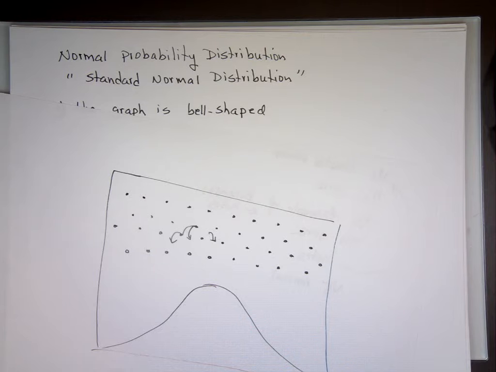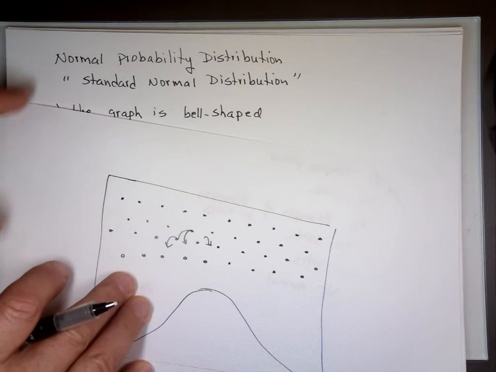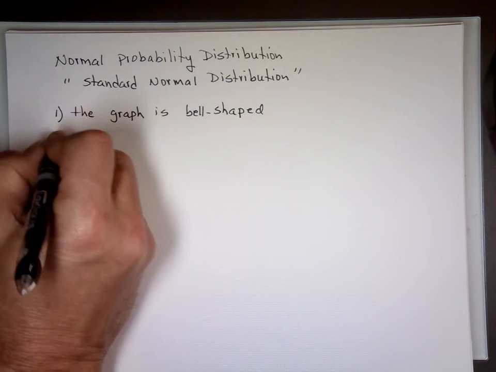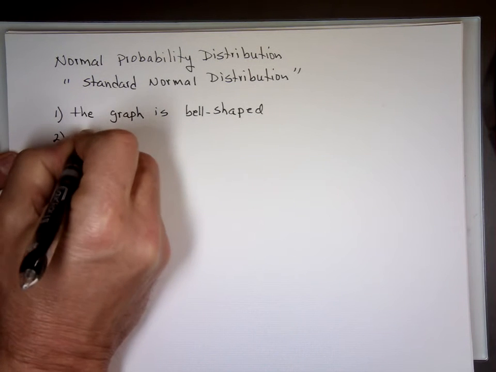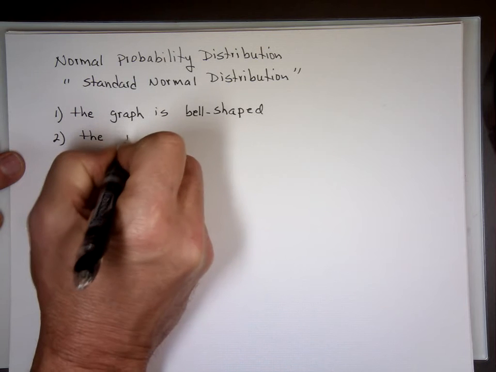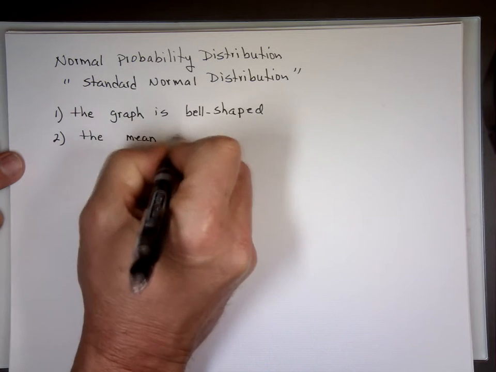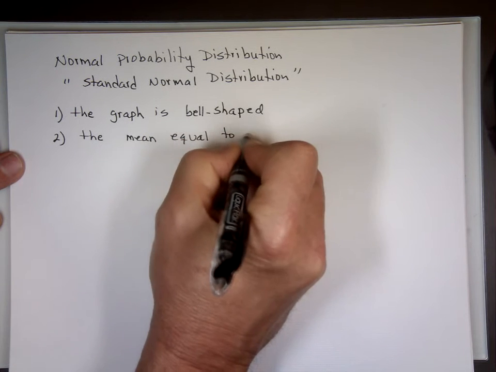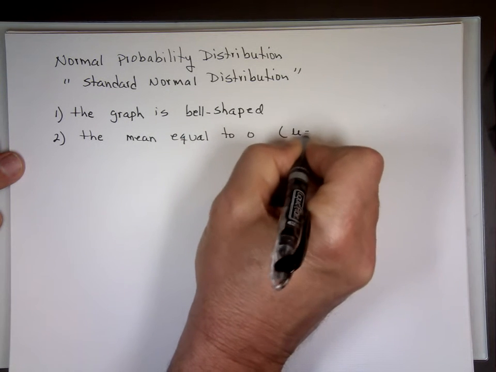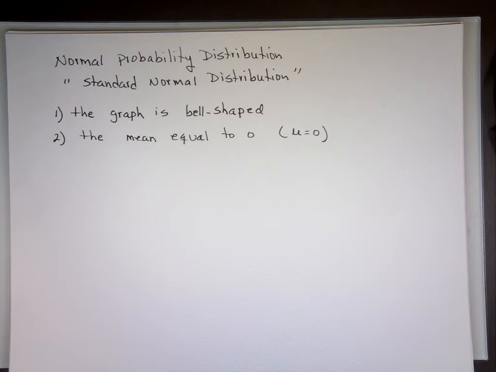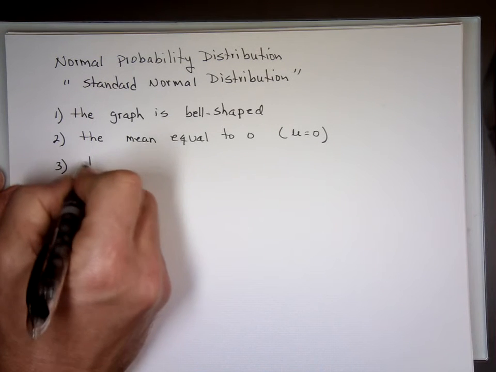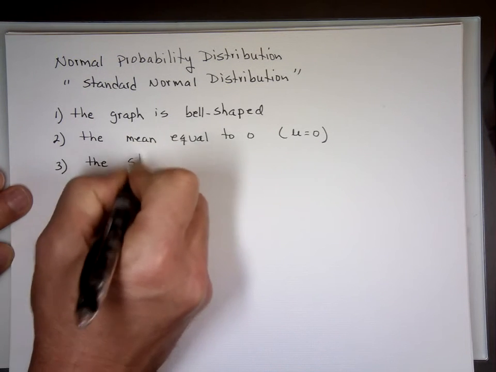So that's a standard normal distribution. It has a bell shape. The other thing is, when you have a normal distribution, the mean always equals 0. So mu equals 0. And the other criterion, when you have a normal distribution, is that the standard deviation is always 1.